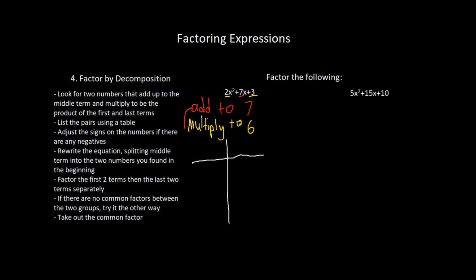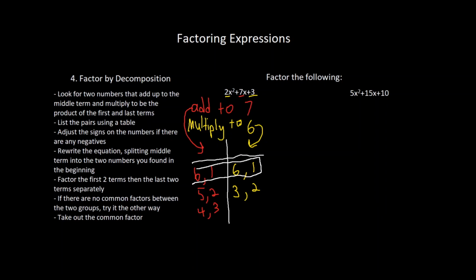With add to 7 on one side and multiply to 6 on the other, we then find the pair that is the same on both sides, which is 6 and 1.